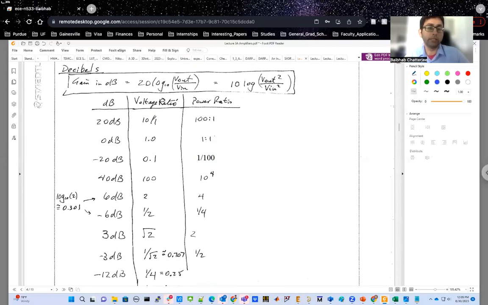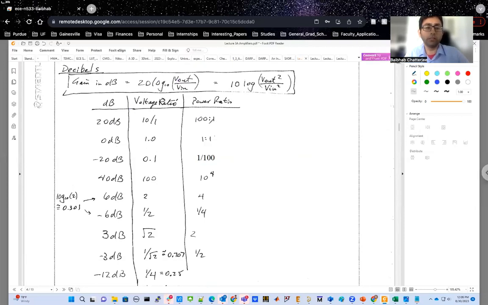If you have a voltage ratio of 10:1, that means in dB scale you have 20 dB, because 20 times log base 10 of 10 is equal to 20. So just remember the formula that gain in dB is 20 times log base 10 of the voltage ratio. If the voltage ratio is 10, the entire logarithm term becomes equal to 1. So 20 times 1 becomes 20 dB.